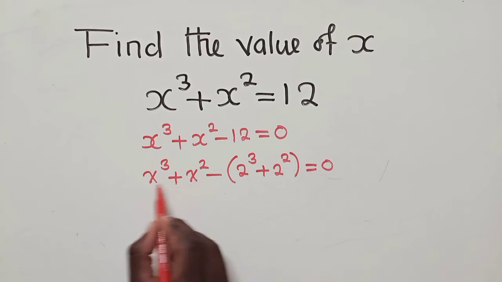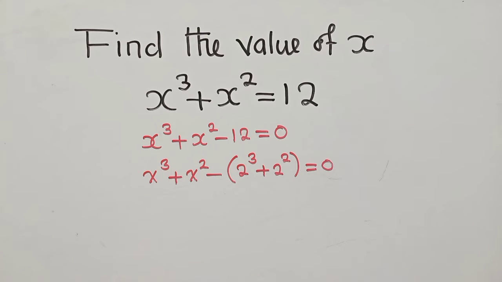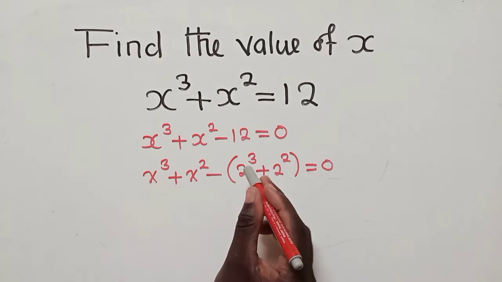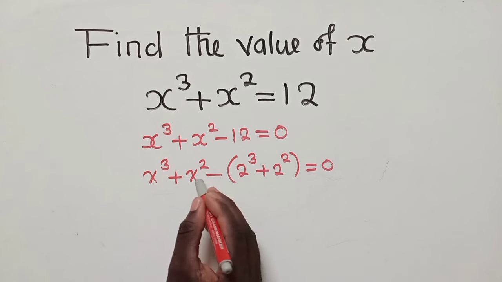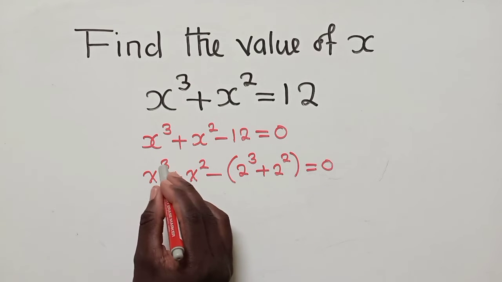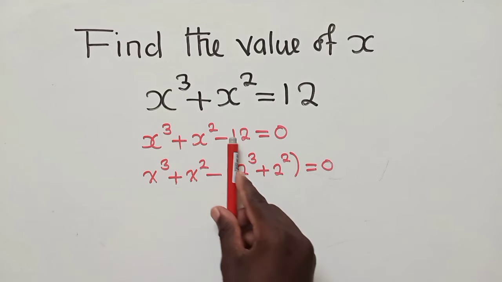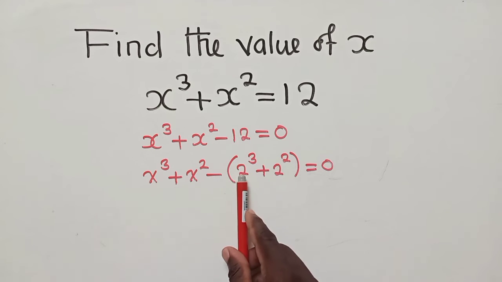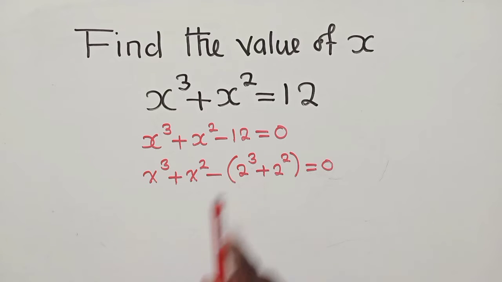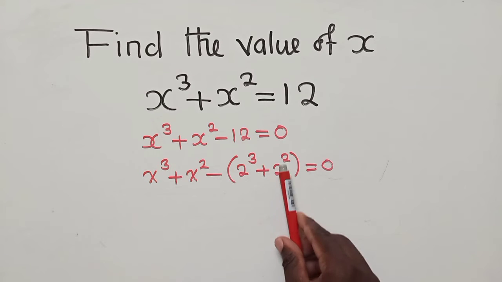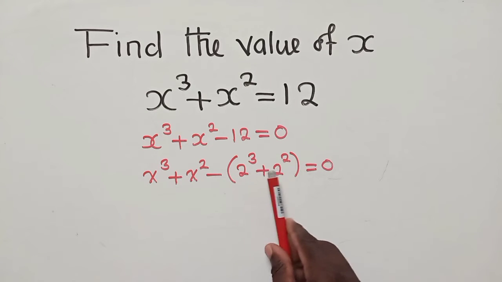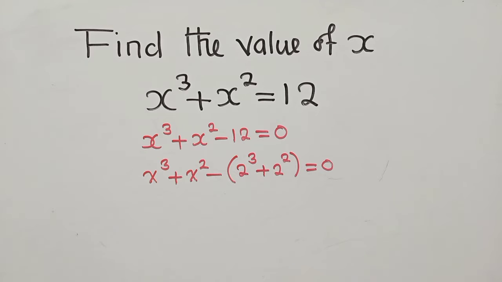If you can see nicely, this form and this form are almost similar. They all have the same base, and the powers are similar. If you simplify this one, it will give you 12, because 2 to the power 3 is 8, plus 2 to the power 2 is 4. So 8 plus 4 will still give you 12.